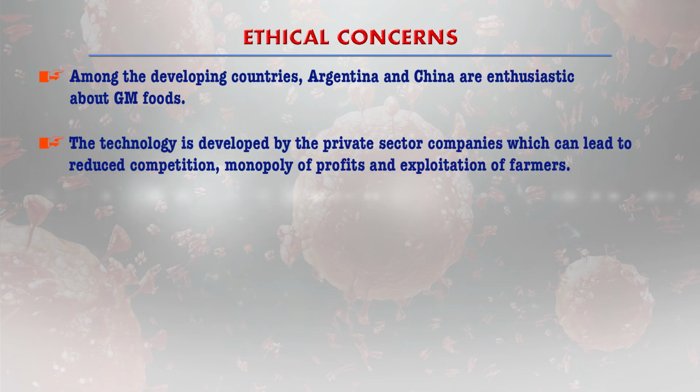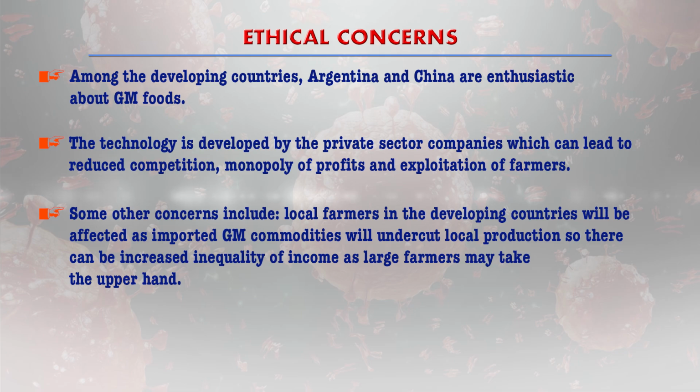The technology is developed by private sector companies, which can lead to reduced competition, monopoly of the profits and exploitation of the farmers. Some other socio-economic concerns include that the local farmers in the developing countries will definitely be affected as imported GM commodities will undercut the local production. So there can be increased inequality of income as the larger farmers may take the upper hand.